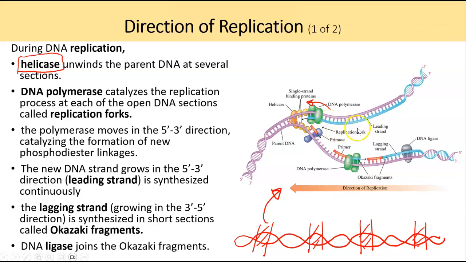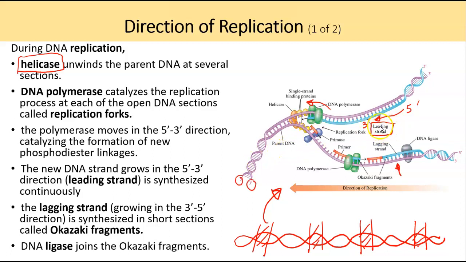Now, the new DNA strand will grow from 5' to 3', right? This new strand here is called the leading strand. Remember, this strand grows from 5' to 3', and that strand is called the leading strand.